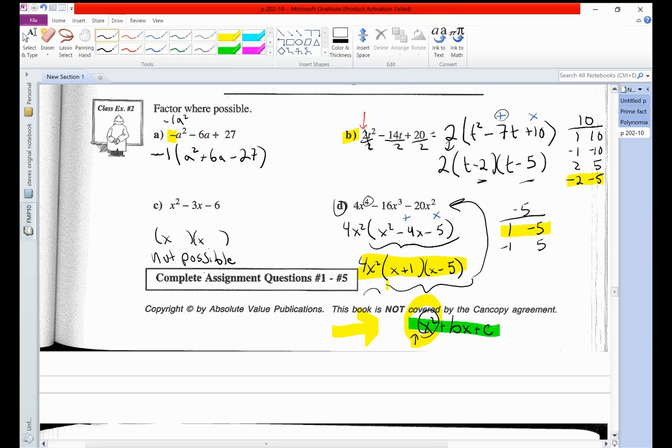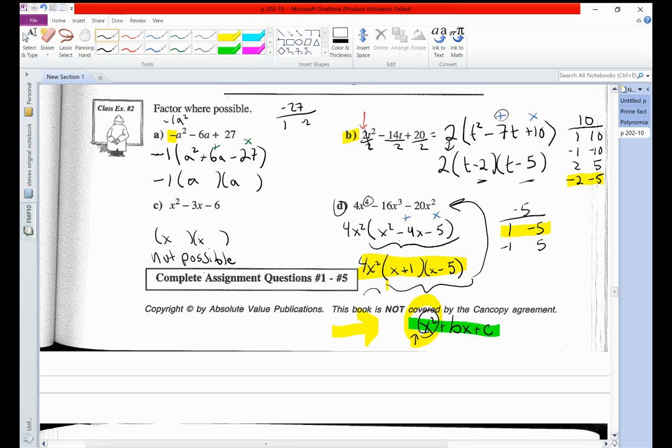So now we can factor this. We have the trinomial in the form that we want it. So I can set this up. And I'm looking for two numbers that multiply to -27 and add to positive 6. So let's set that up. -27.